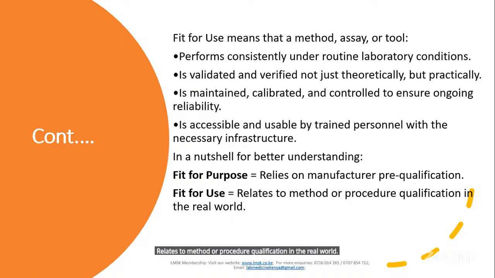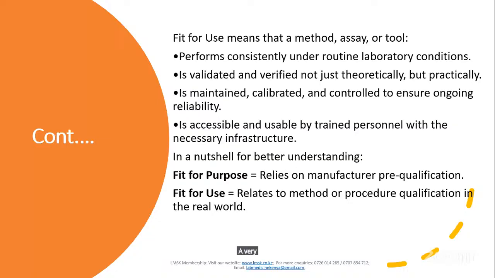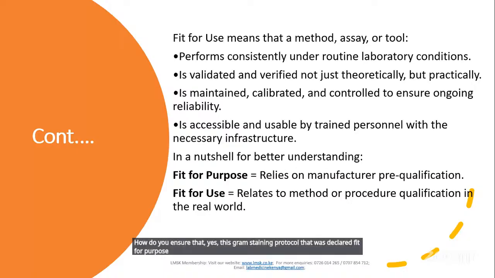Somebody sat somewhere and decided to come up with a very effective procedure or SOP about gram staining, where it was tested and before its adoption, it was considered fit for purpose, okay? But then in your local lab settings, how do you ensure that, yes, this gram staining protocol that was declared fit for purpose is actually fit for use?